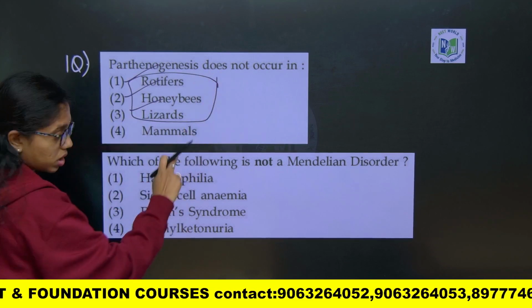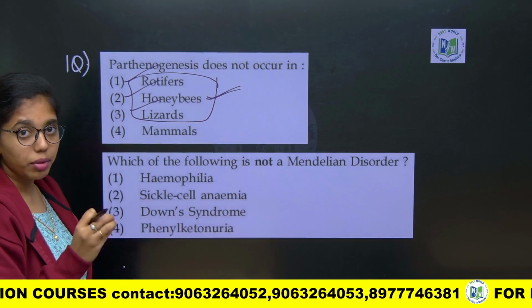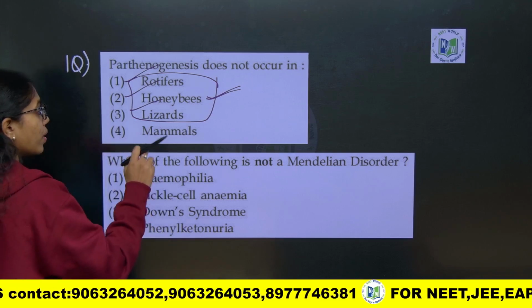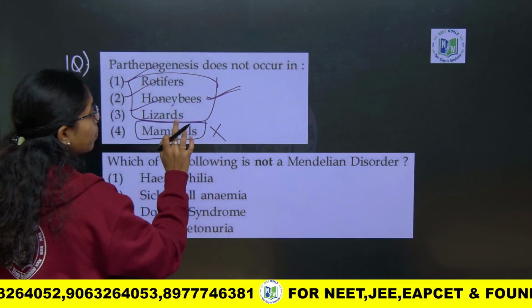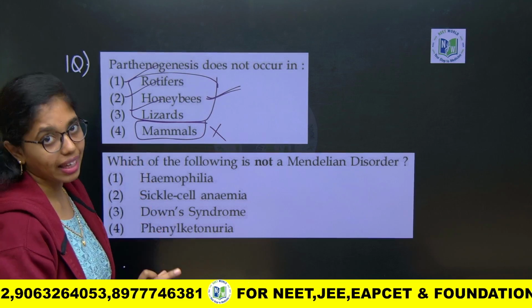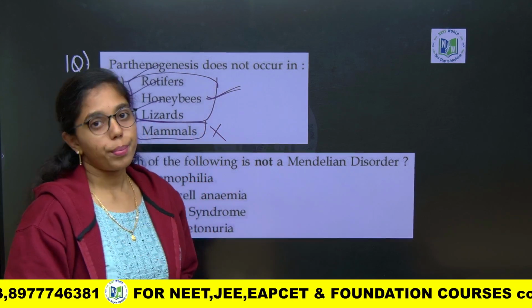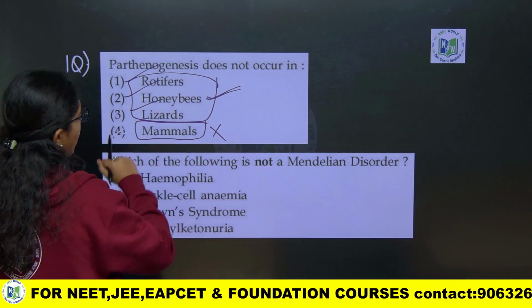And in honeybees, what type of sex determination is there? Haplodiploid type of sex determination. But in mammals, parthenogenesis is not possible because genetic imprinting of both male and female is required for the progeny. So parthenogenesis is not possible for mammals.